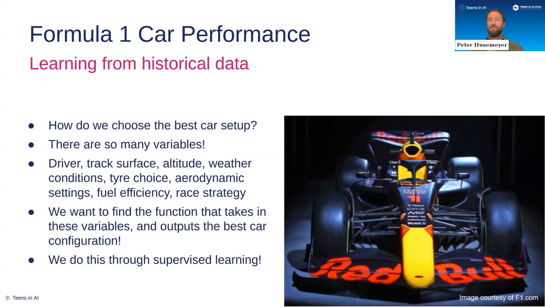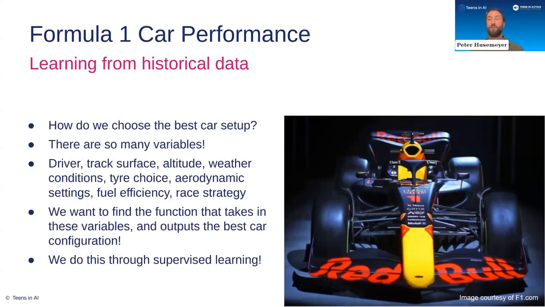So imagine for the last 20 years, we know exactly what car the Formula One team put into the race, and we have the lap time of the car for every lap in the race. And so we'll know the average car speed. So we've got our inputs, but we also have the output. We know the speed, and we can use that knowledge to update and train the weights in our model so that we can make a model that then can predict car configurations that it's never seen before.